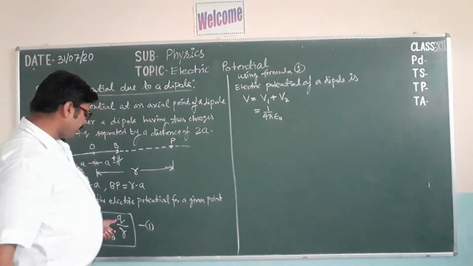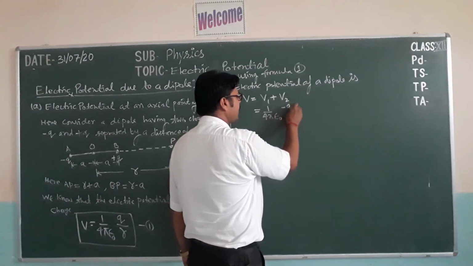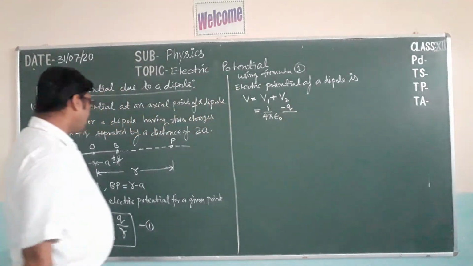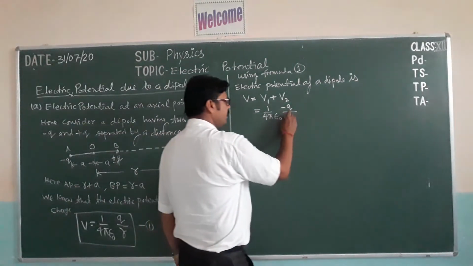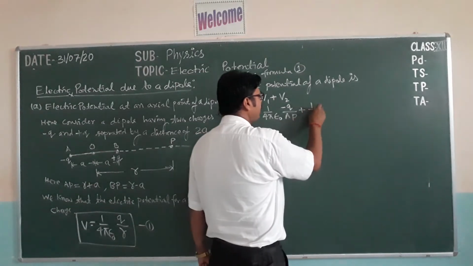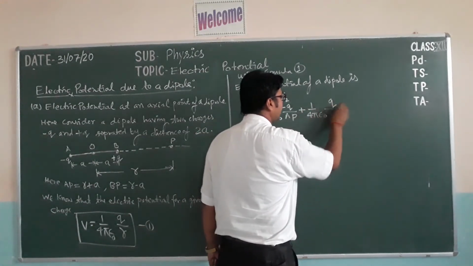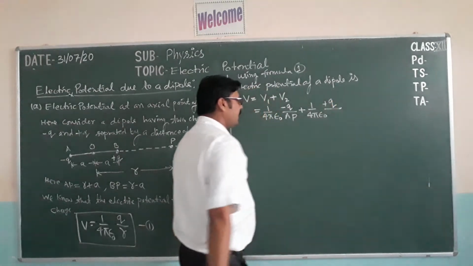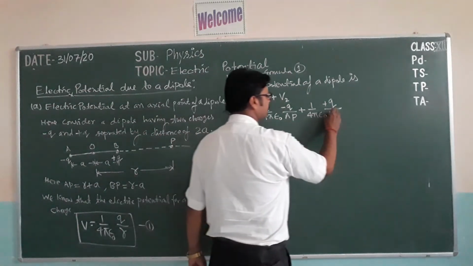But here in q upon r, the charge is minus q, and the distance r is A to P, that is AP. And similarly, plus 1 upon 4 pi epsilon naught, the charge is plus q, and the distance is BP.